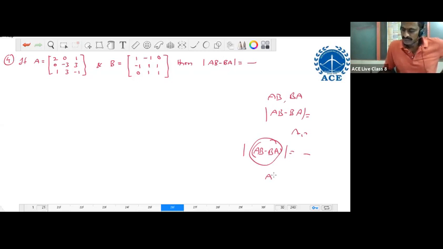The condition for symmetric is A transpose equals A. The condition for skew symmetric is A transpose equals minus A. Yesterday we wrote one note, point number 6, about skew symmetric matrix. If it is an odd order skew symmetric matrix, then the determinant of that matrix is 0 only. So we check whether AB minus BA is symmetric or skew symmetric. If it is skew symmetric, directly we can write its value only. If not, then we should find AB, BA, and the AB minus BA matrix only.